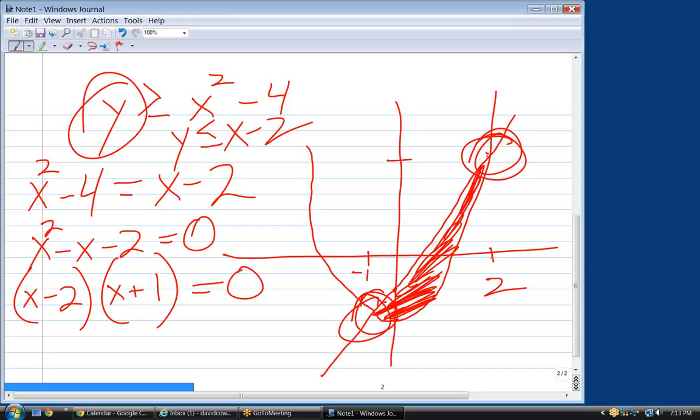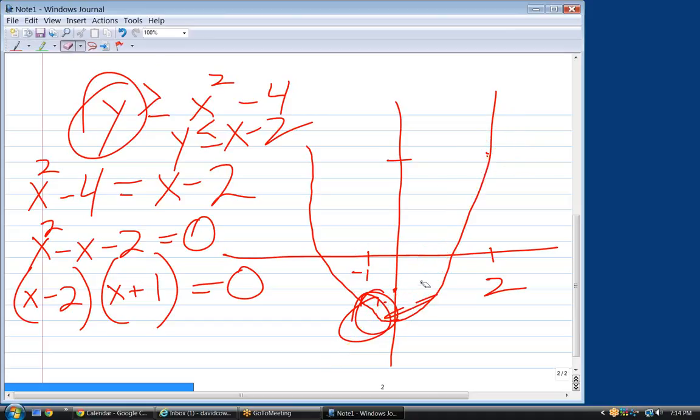So I have not drawn my picture correctly. What am I missing? When x is 2, y is 0. And when x is minus 1, okay, this all needs to be modified a little bit. My line must do this.